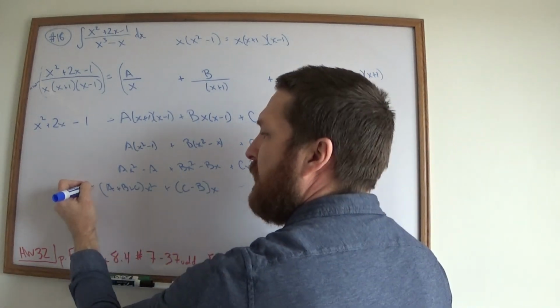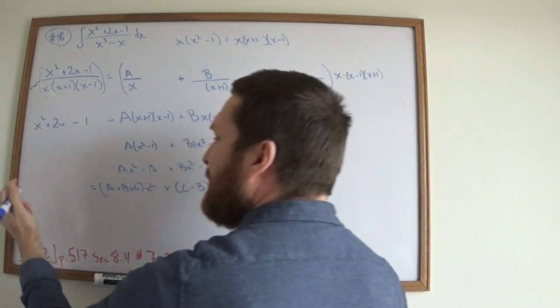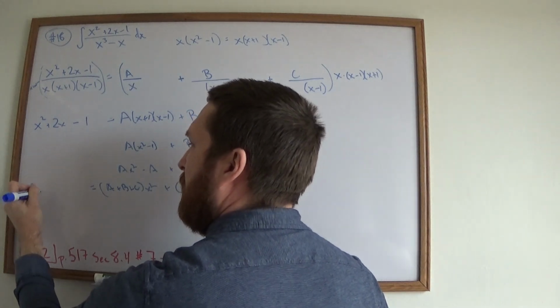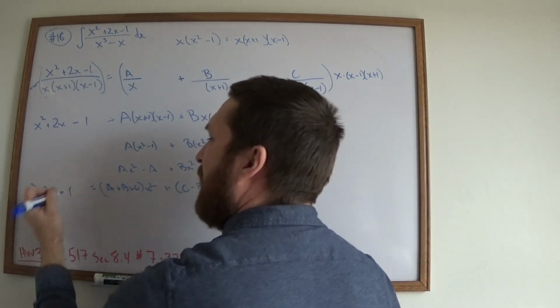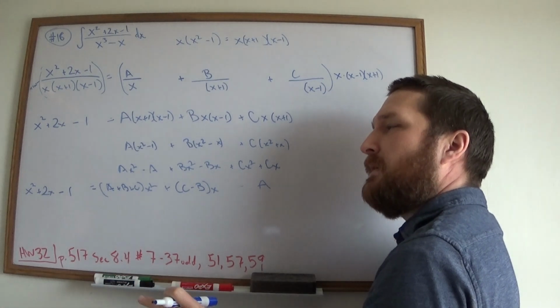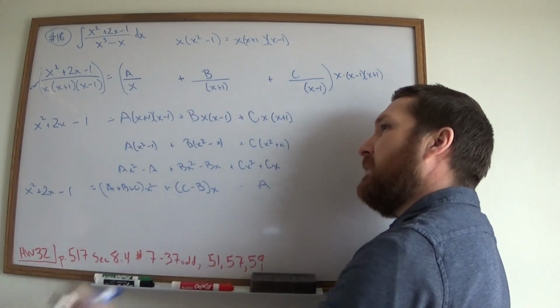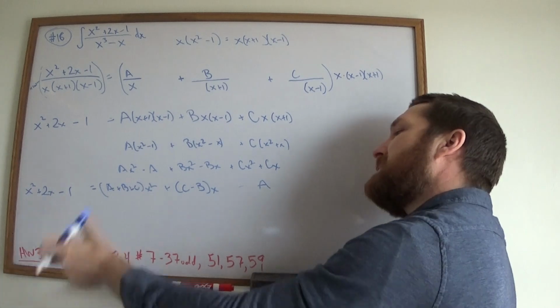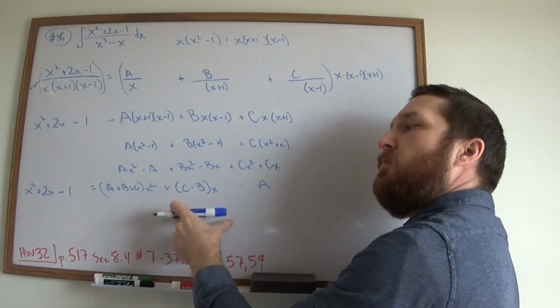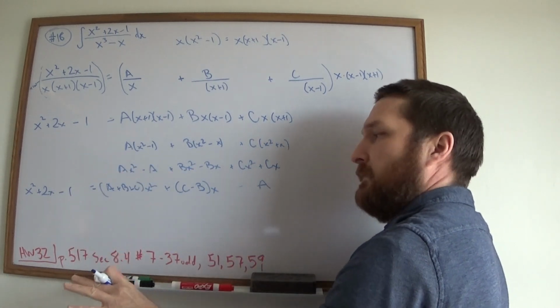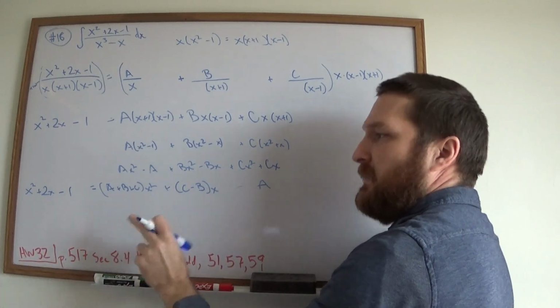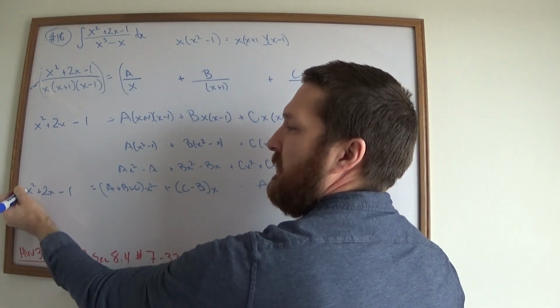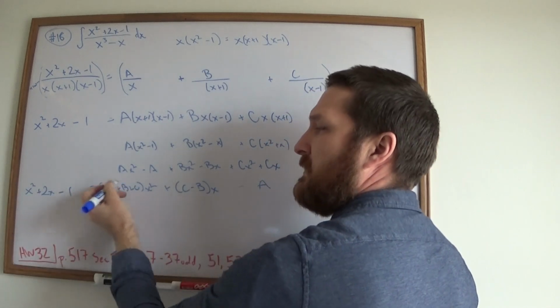And then you say, well, if this polynomial has to equal this polynomial no matter what value of x I plug in, then whatever constant is in front of each term here has to equal the corresponding constant there.